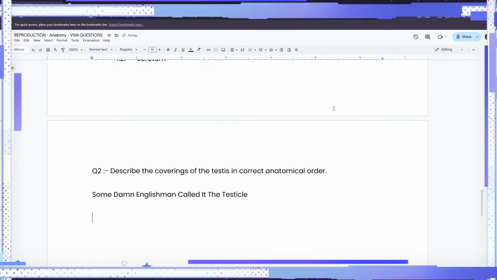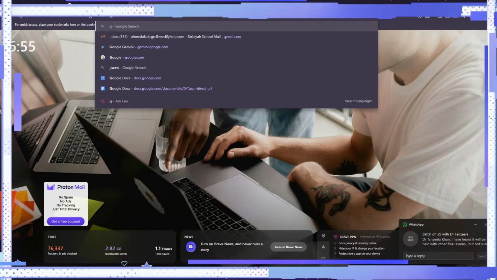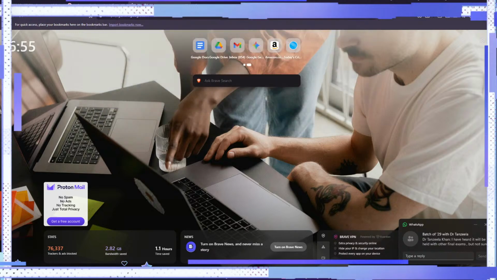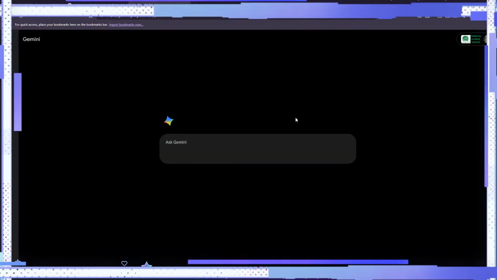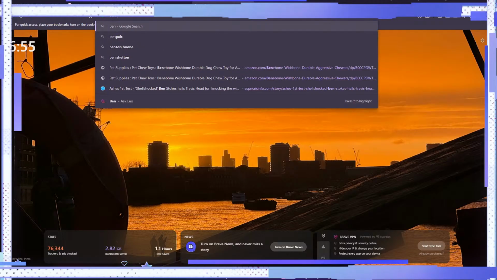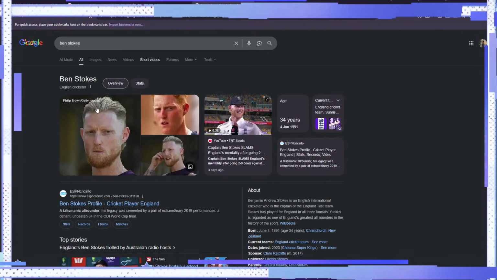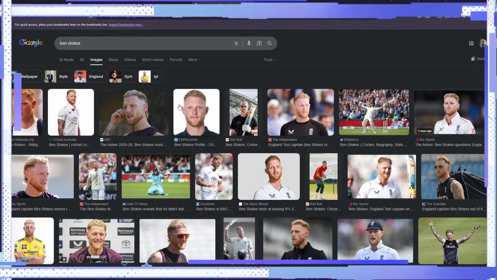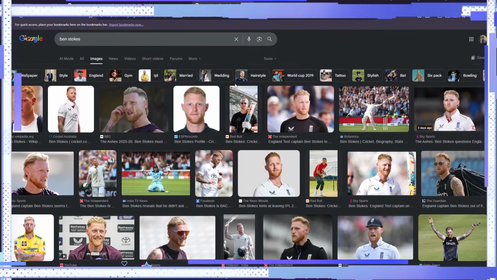So I want to make it a bit, let's use AI. Let's make this exceptionally cool. Let's pick Ben Stokes, because technically, this guy is not an Englishman, just to be fair.